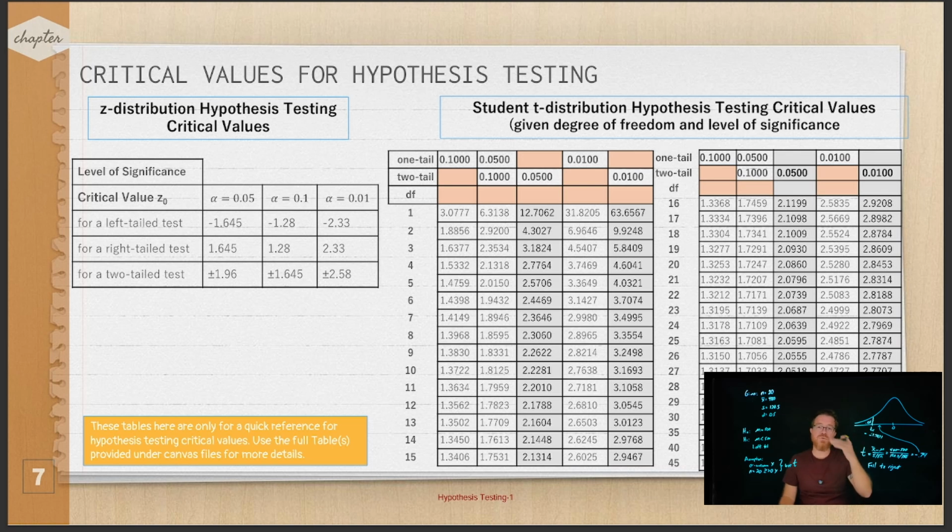Then you figure out which of those two rows you're in, which column that causes you to use, and then you go down the left side, find your degrees of freedom, see where they intersect, and that gives you your critical value. If it's a left tail test, remember to make it negative. If it's a right tail test, you can use the number in the chart, and if it's two tail, you have to use positive and negative because you have two critical values where if you go beyond it, you reject the null hypothesis.